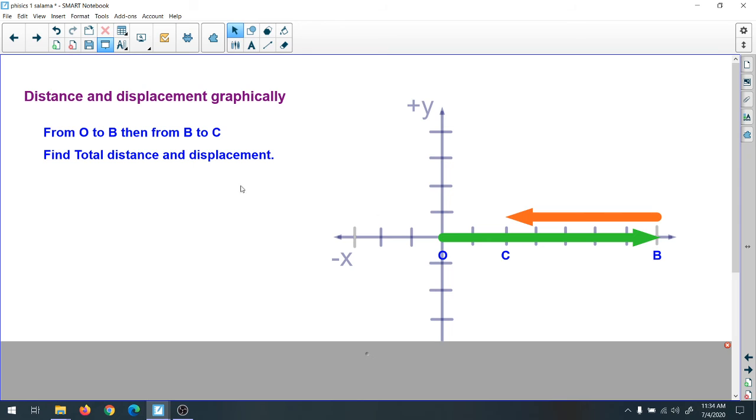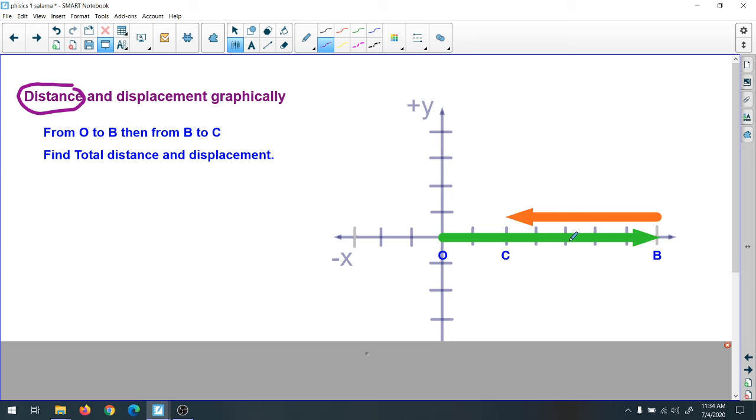Okay, so let's talk about distance first. Let's make it in purple. Distance: you move from O to B and then from B to C. How many units?